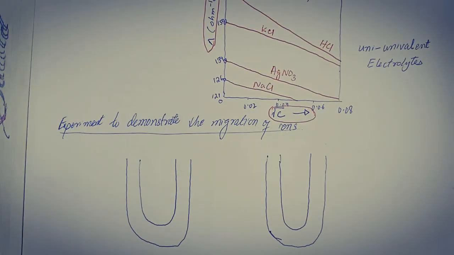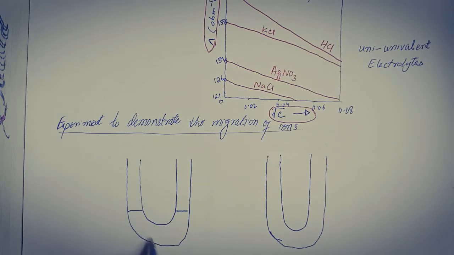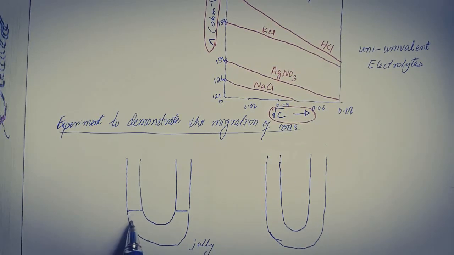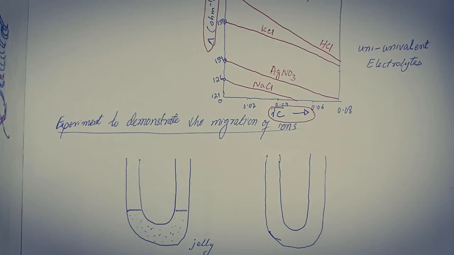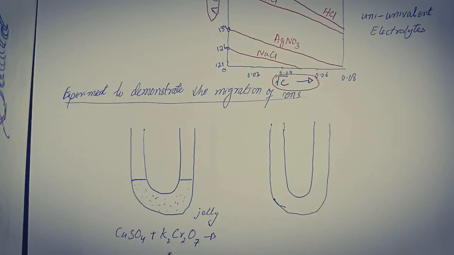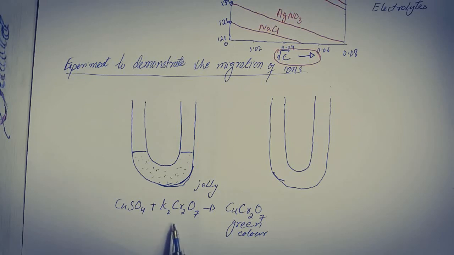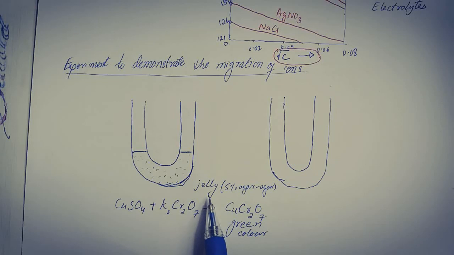Let's take a U-shaped tube and fill it with agar-agar jelly, and introduce the solution of copper sulfate and potassium dichromate, which makes the copper chromate solution that is green in color, which converts the color of the 5% agar-agar jelly to green.